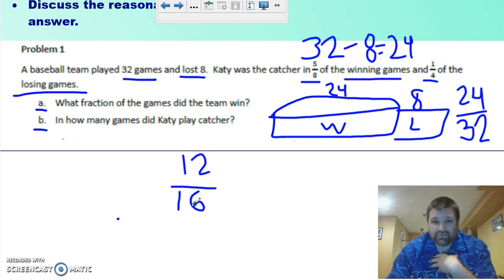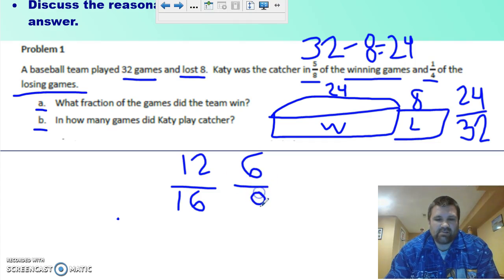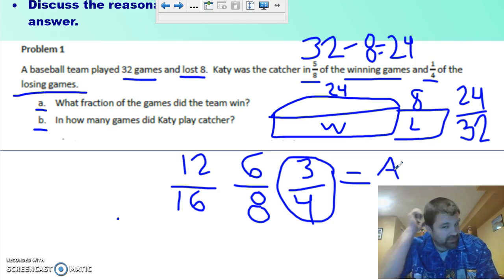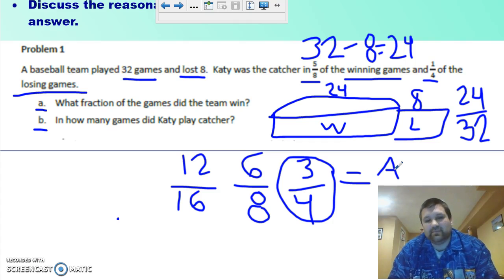I always think it's easier to do this by dividing by 2. So now, divide by 2 again. You're going to get 6/8. Again, you can still continue to go. 3/4. So we can say that A is 3/4. The team won 3/4.